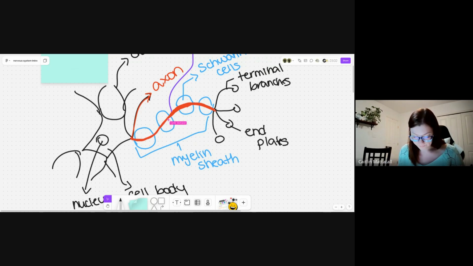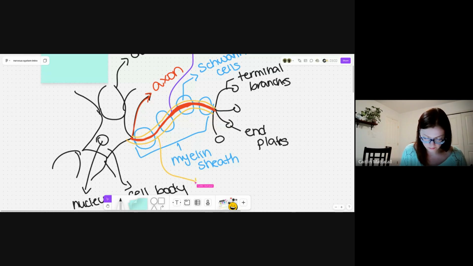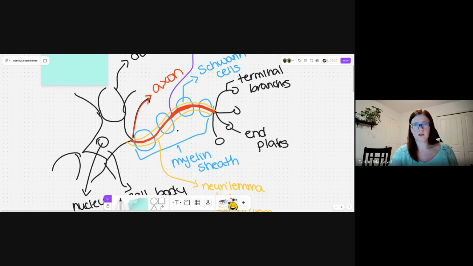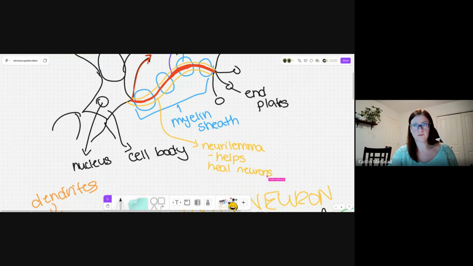A neurolemma is basically a second layer that surrounds the axon that promotes regeneration. I'm going to write this down here. Okay, so the neurolemma helps heal neurons.